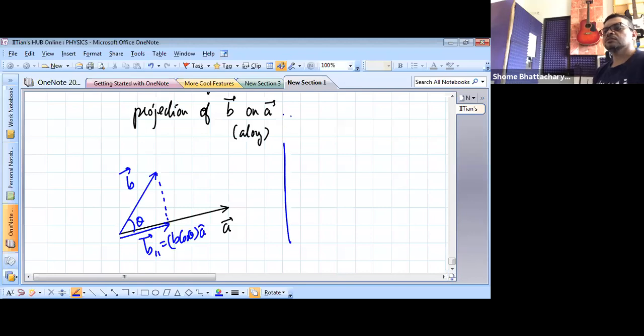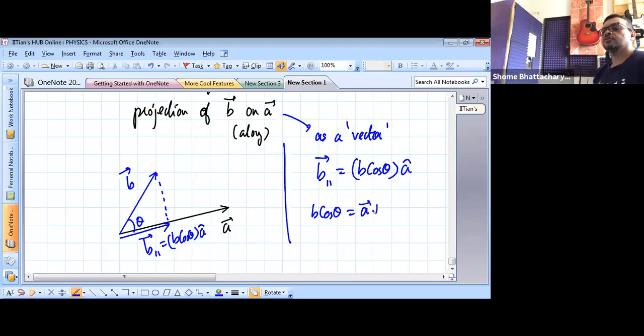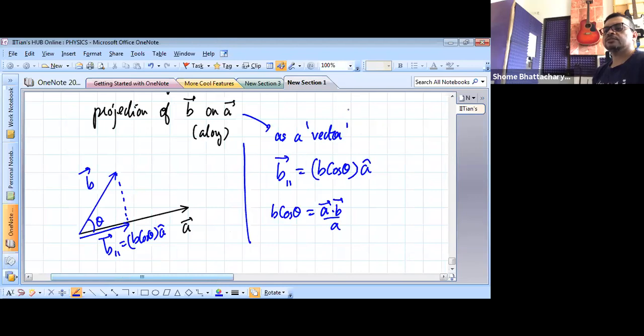So this thing expressed as a vector will be B cos theta A cap, where B cos theta can be expressed as A dot B divided by mod A.